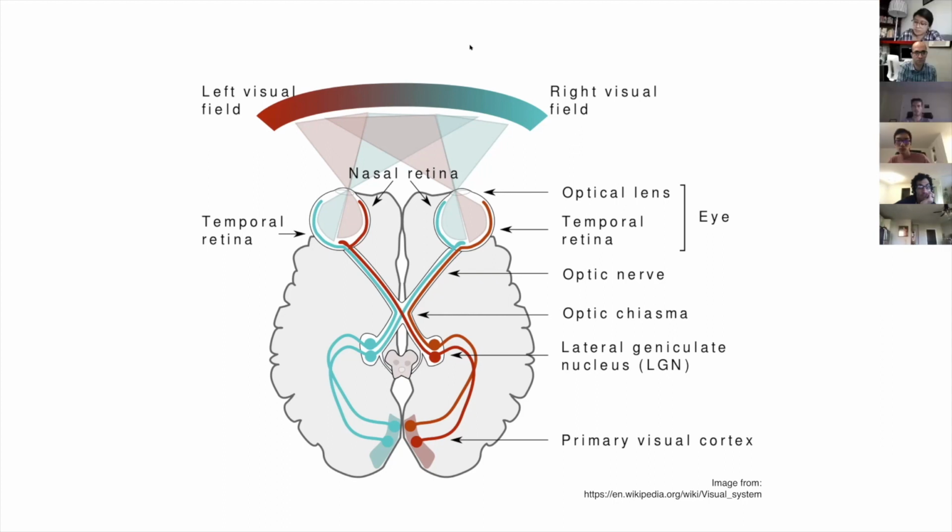Now, why is that advantageous, to have both sides on both sides? Beautiful question. If you go to the evolutionary past, you see this very interesting effect. The animals that are more like prey animals, basically the herbivores, the animals that are being hunted by the meat eaters, usually have their eyes on the two sides of their head.